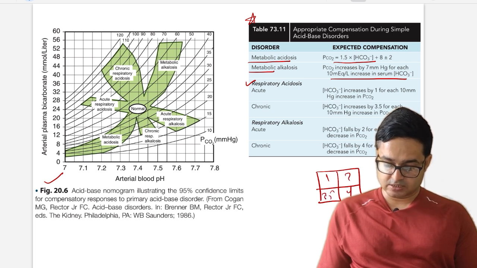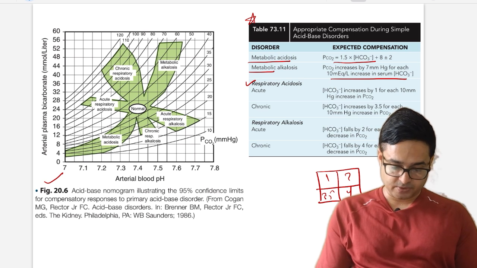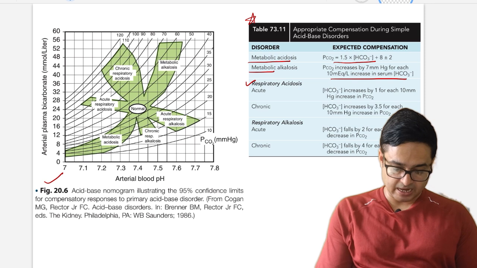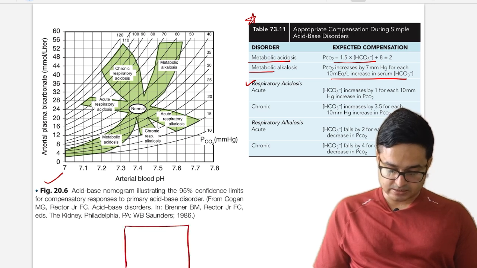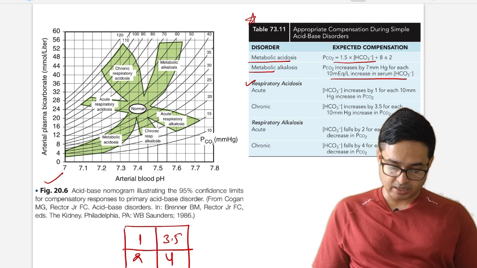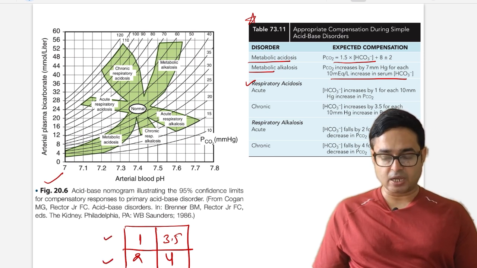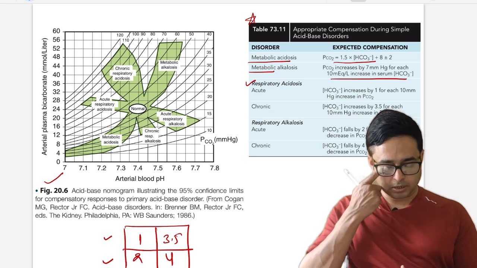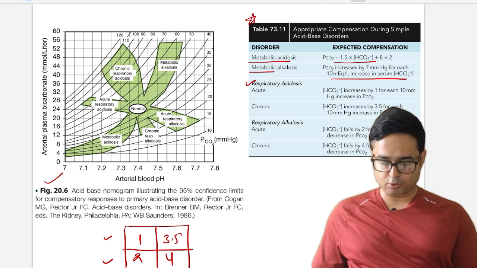So this is how you can remember. Just see how we can remember respiratory alkalosis by this simple table. So this is actually 1, 3.5 and 2 or 4. Just put here respiratory alkalosis or acidosis, acute and chronic. By this you can remember. What I want to convey, just remember this table, figures, and formula, because this is very important.